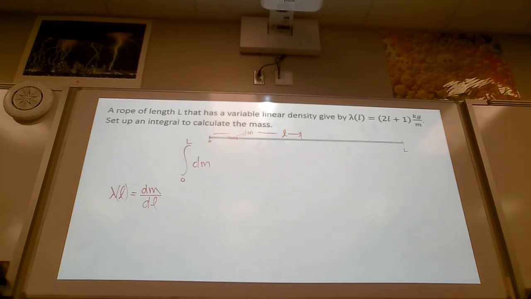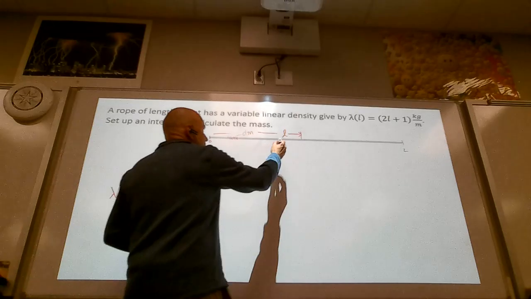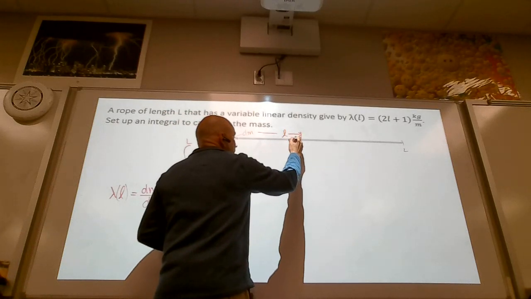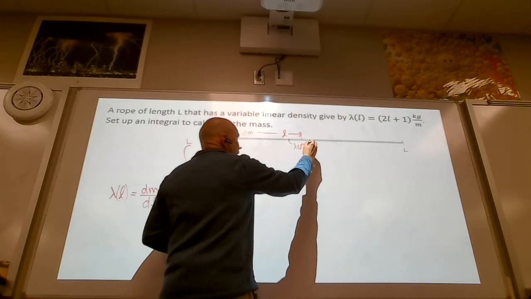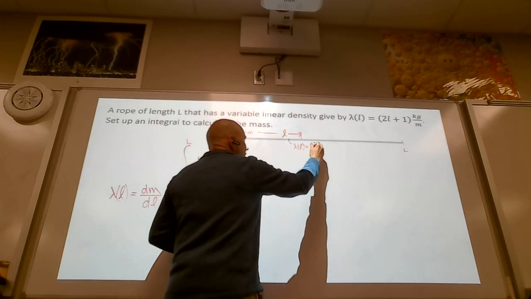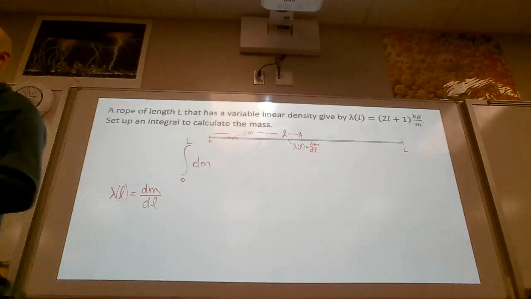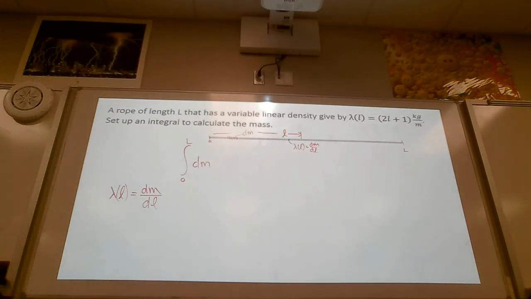But this little chunk, whatever this little chunk is, has a certain density of whatever length, and that's the mass over that little length. You all right with that?